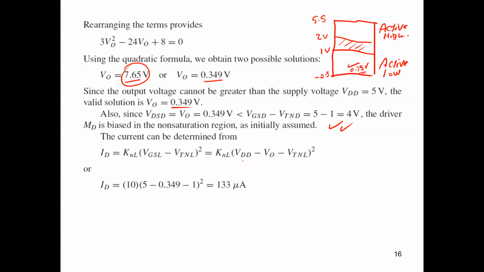You know that VGS load here equals VDD minus V out. So we have VDD 5 volt, V out 0.349 volt, and VTN load is given. Substituting in the relation, you will find the current is 133 microampere. So now, guys, we could see that when we applied 5 volt, the output voltage was 0.35.